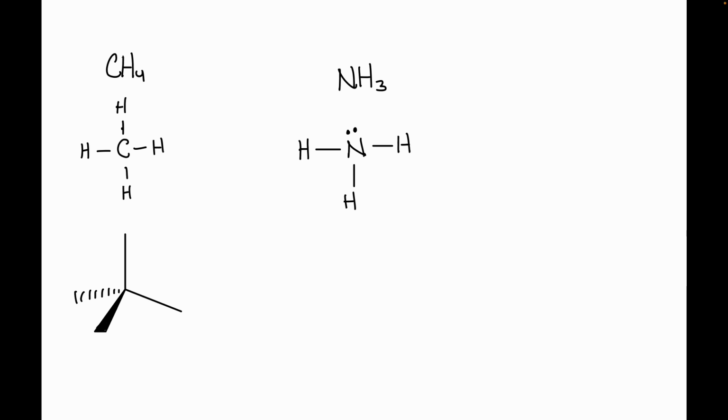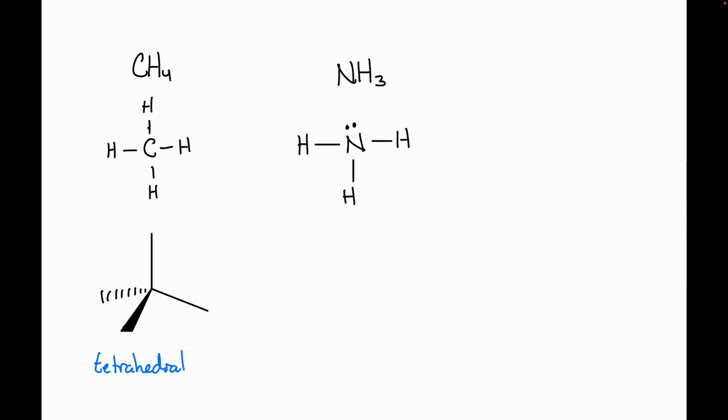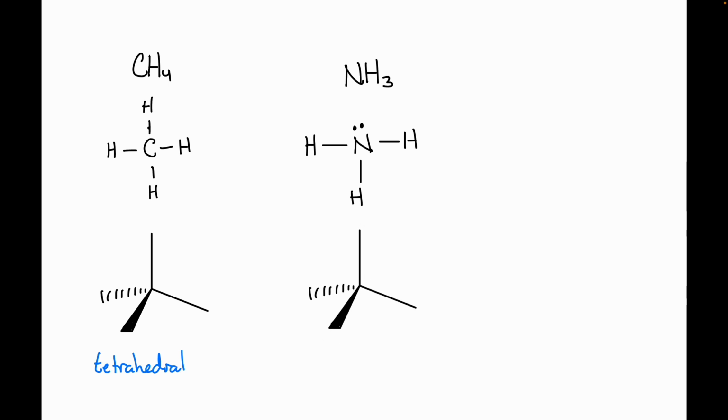All right, so this is both the electron geometry and the molecular geometry of methane, CH4, that tetrahedral shape. Let's just label that. Okay, so if I want the molecular geometry of ammonia, NH3, I'm going to start with its electron geometry, that tetrahedral.